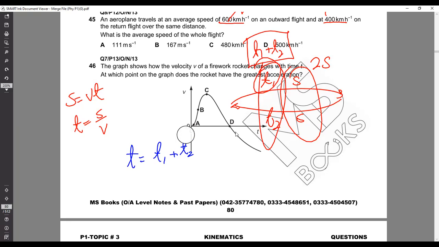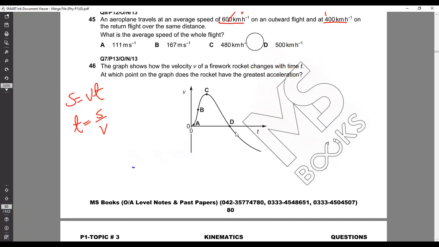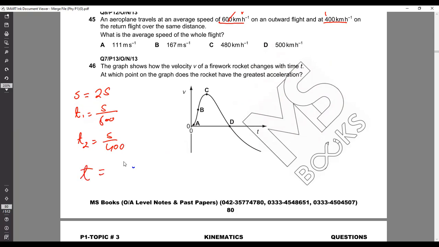So that's what we need to find the average speed, because average speed is total distance over total time. Is right. So I write the values. The total distance we have is actually 2s, and t1 was s over 600, t2 was s over 400. So you add these two things, and you will get the total time. So s over 600 plus s over 400.